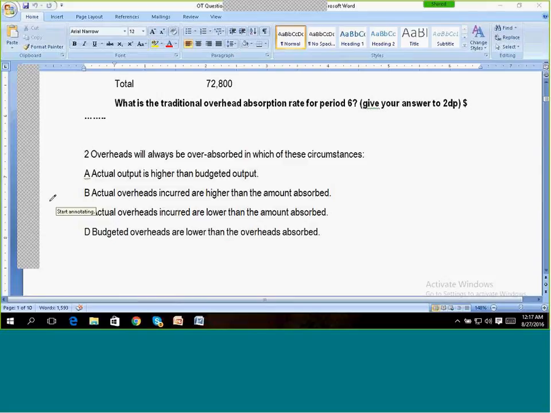So unless there is some big radical reason, we will not go and change the overhead absorption rate. We will keep it fixed for 1 year, because we don't want to change the prices. We don't want Natasha to come and say this month the cost is 22, next month the cost is 19, next month the cost is 25. You can't change the prices every month, Natasha.